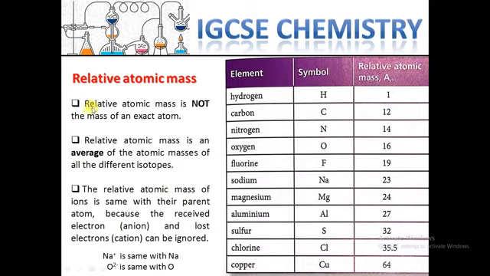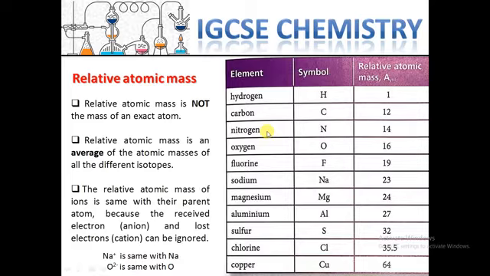As I said before, relative atomic mass is not the exact atomic mass. They compared to each other and these numbers were obtained. Relative atomic mass is an average of the atomic masses of different isotopes. As we studied before, for example, carbon has three isotopes, and nitrogen has two isotopes.